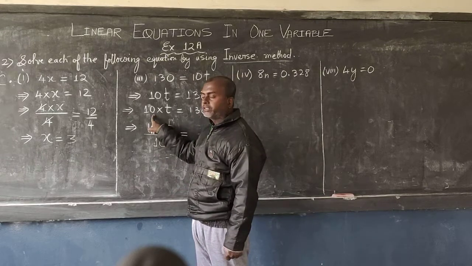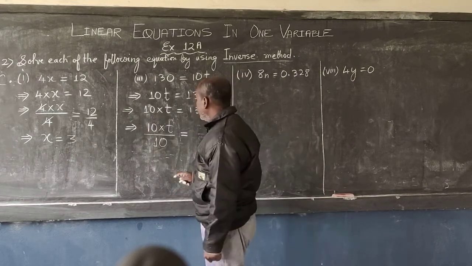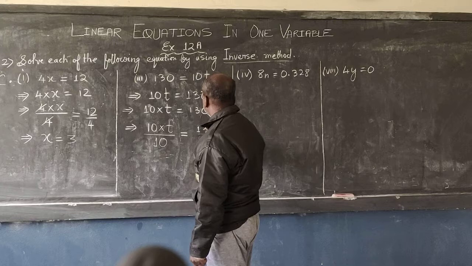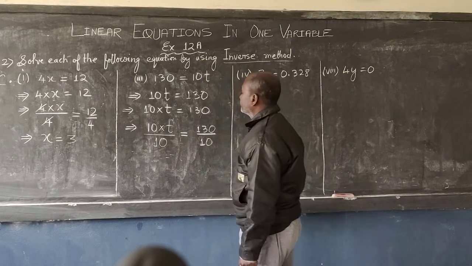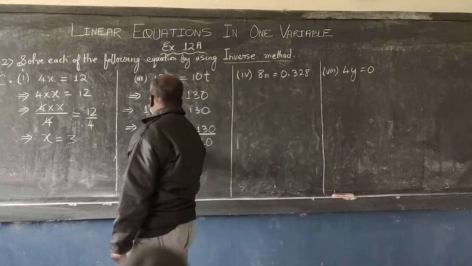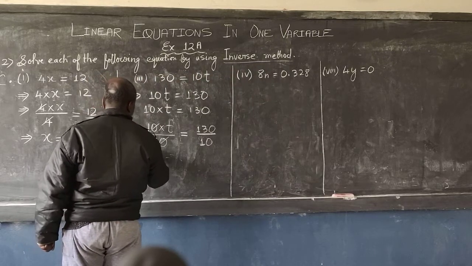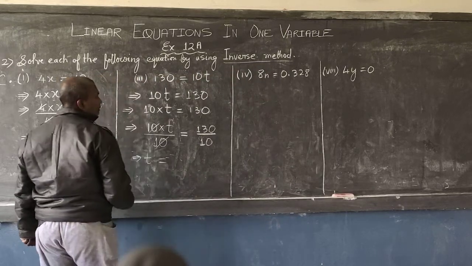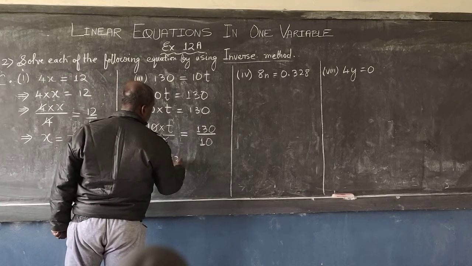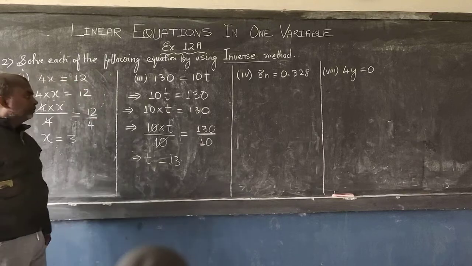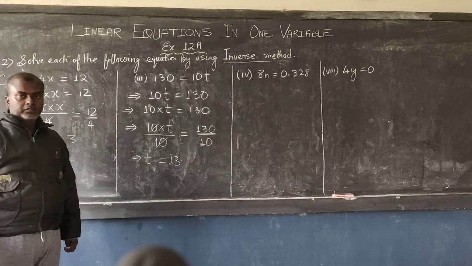What have we done on the left side? We have given divided by 10. So you will do the same on the right side, divided by 10. So now what will happen? 10 and 10 will cancel each other. Only t will remain. 10 13s are 130. So t value is 13.